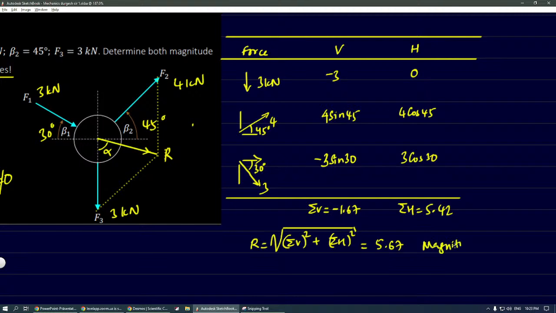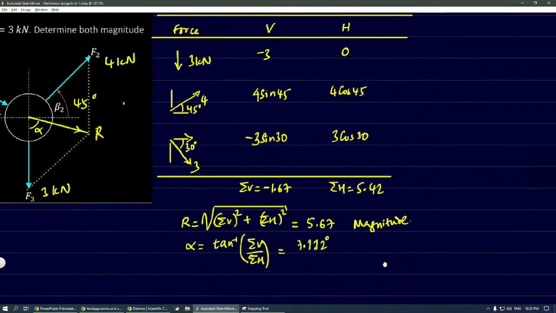Then about the angle, we have to take alpha equals tan inverse sigma v by sigma h, since we know both vertical and horizontal components. Sigma v is 1.67 by 5.42. I'm getting minus 17.12 degrees. Don't take the minus.